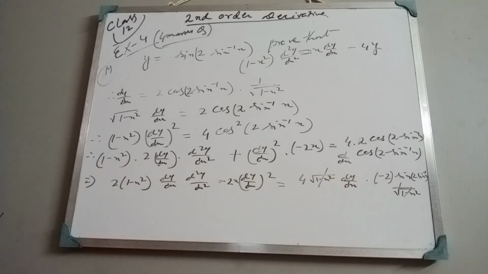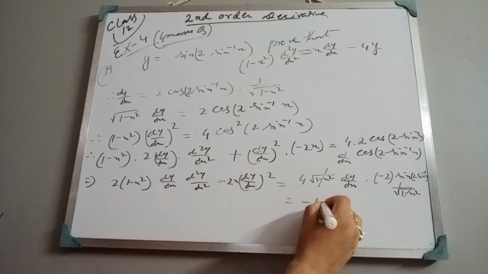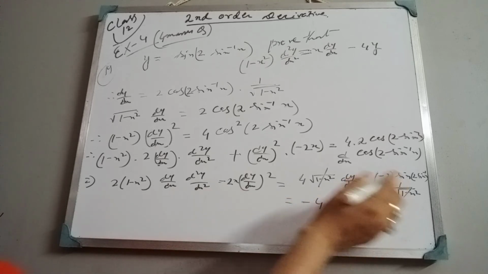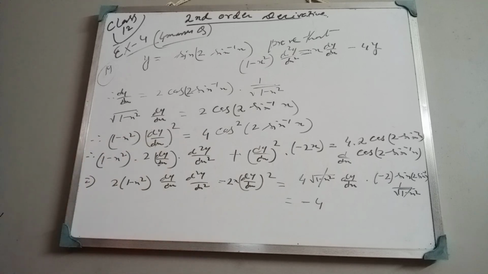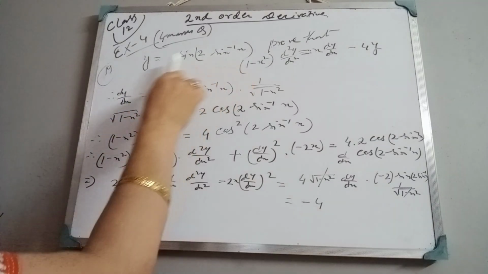And here we will write minus 4, minus is there, and 2 sine 2 sine inverse x. Sine 2 sine inverse x is equal to y.